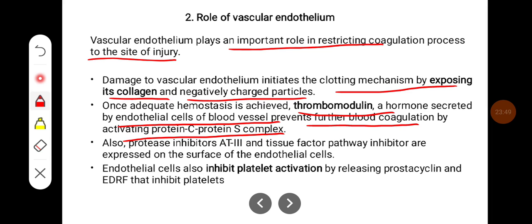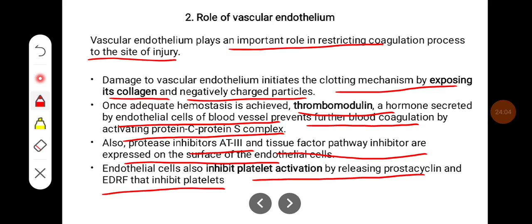Also, protease inhibitors, antithrombin 3 and tissue factor pathway inhibitor, are expressed on the surface of the endothelial cells. Endothelial cells also inhibit platelet activation by releasing prostacyclin and endothelium-derived relaxing factor that inhibit platelets.